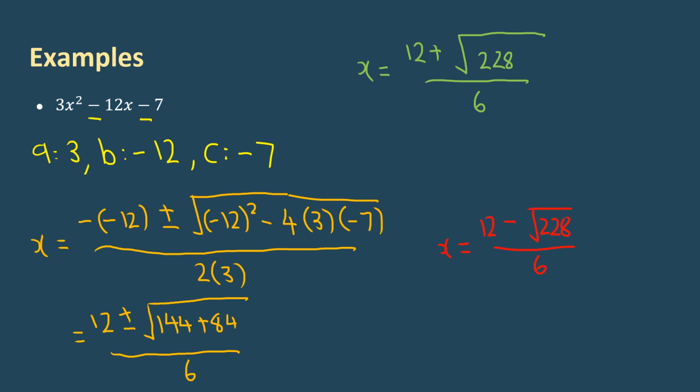By using the calculator, we should get x equals, to 3 significant figures, 4.52, or x equals negative 0.517. And that's our answer for this particular question.